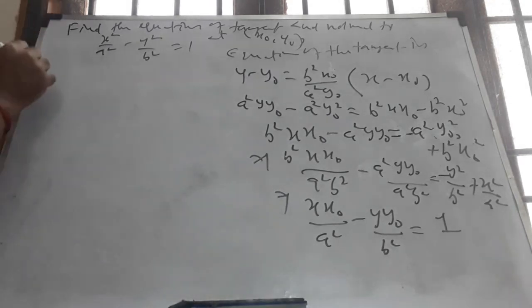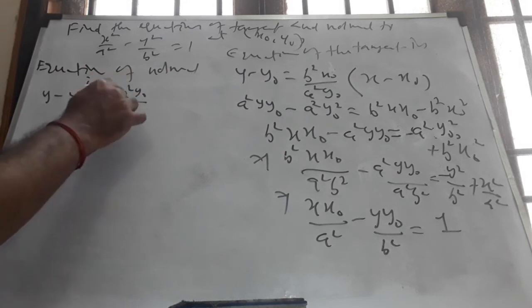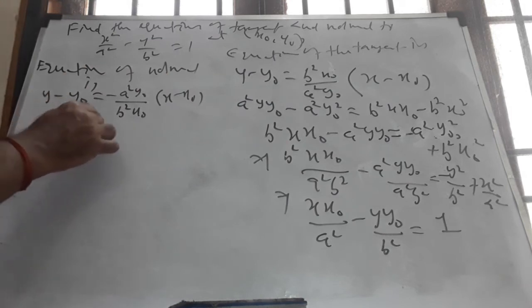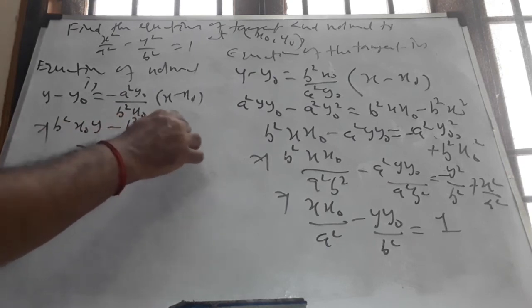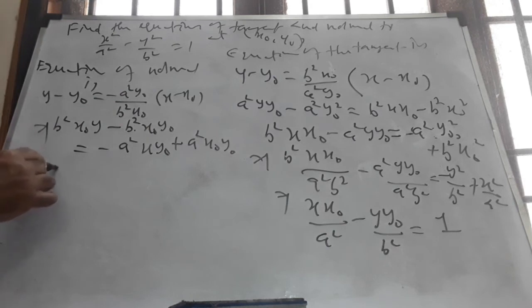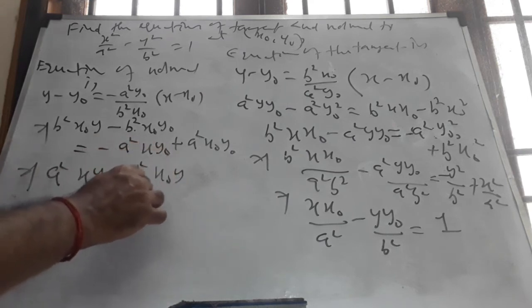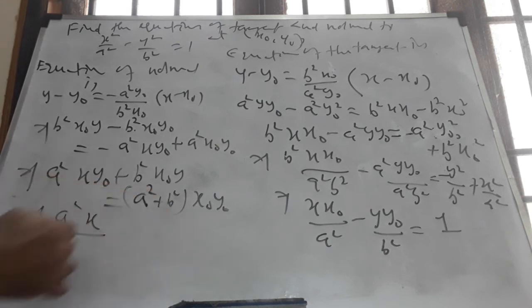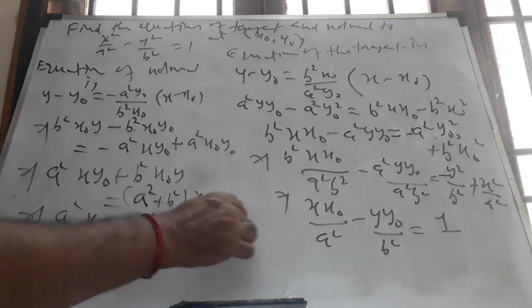So the equation of normal is, what do I get? y minus y naught is equal to minus a square y naught by b square x naught into x minus x naught, which implies b square x naught y minus b square x naught y naught is equal to minus a square x y naught plus a square x naught y naught, which implies a square x y naught plus b square x naught y is equal to a square plus b square times x naught y naught, which implies, dividing by x naught y naught, a square x by x naught plus b square y by y naught, here x naught gets cancelled, y naught is equal to a square plus b square.